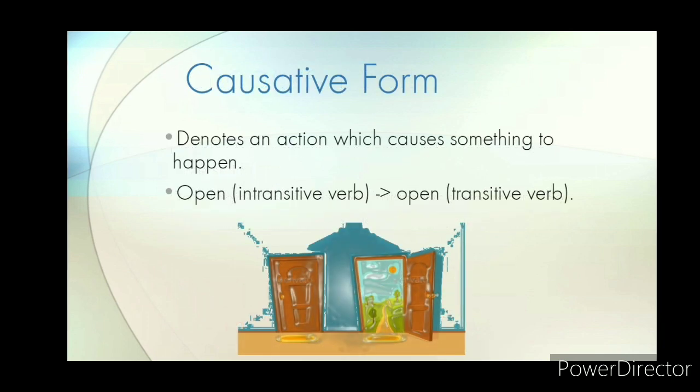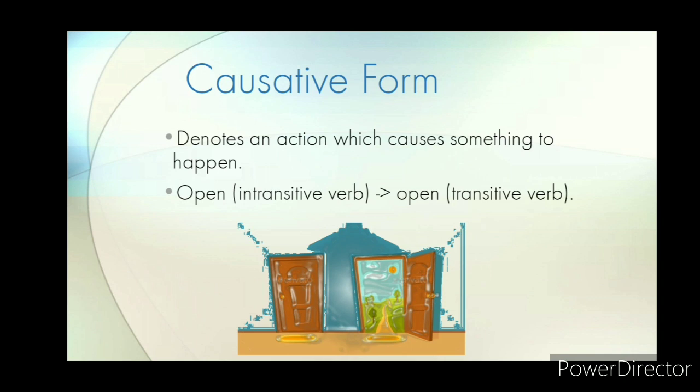Next, we have the causative form. The causative form denotes an action which causes something to happen. As the example here, open as an intransitive verb and open as a transitive verb. Here we are going to discuss a little deeper than the previous one on the word open.